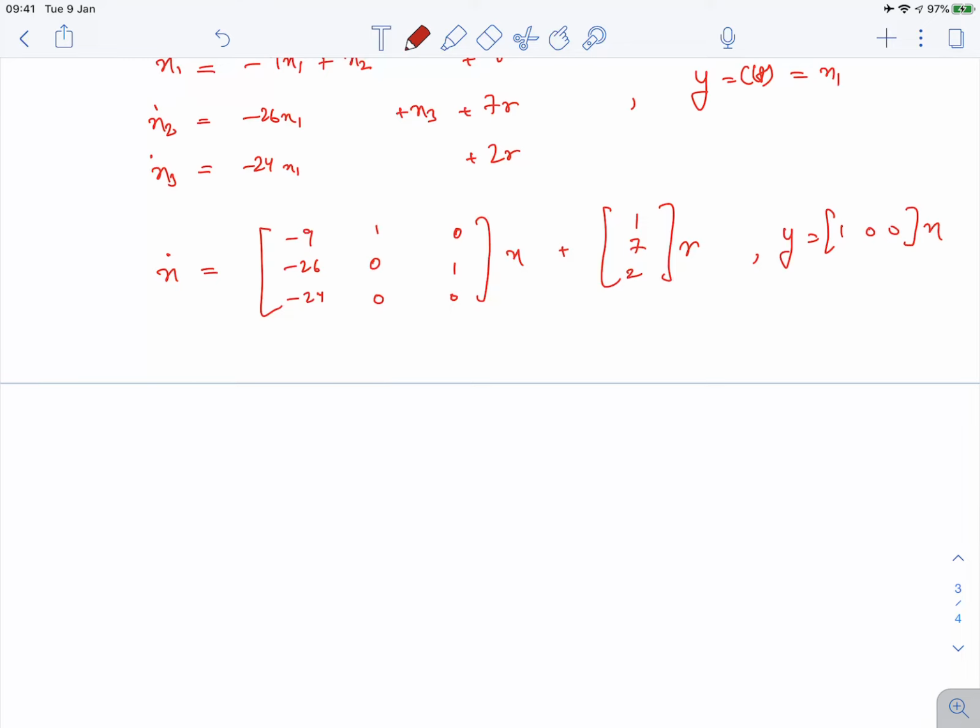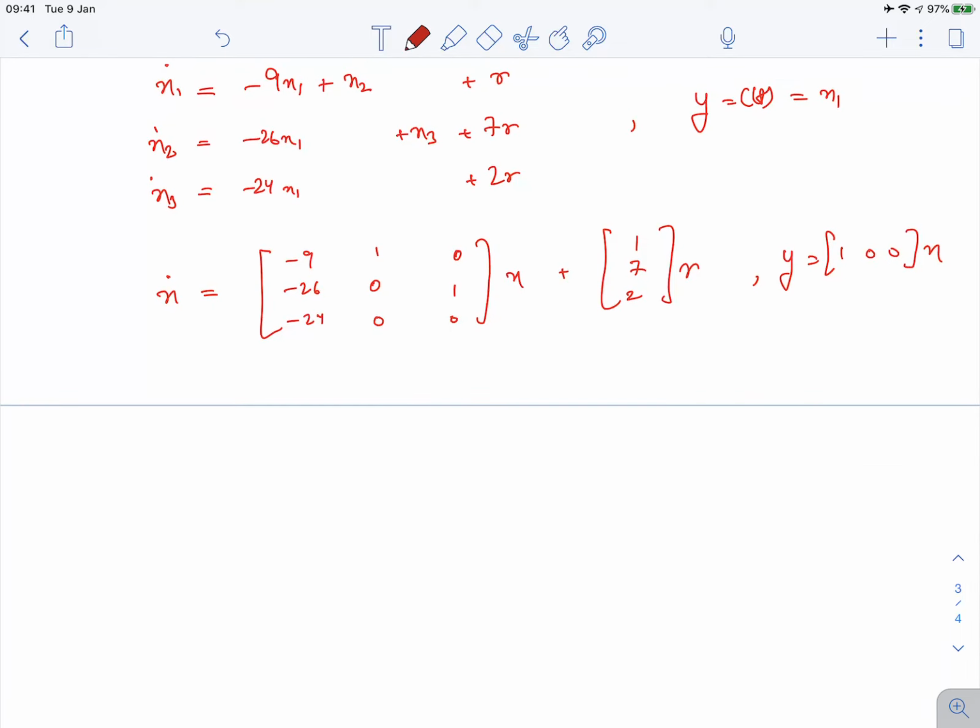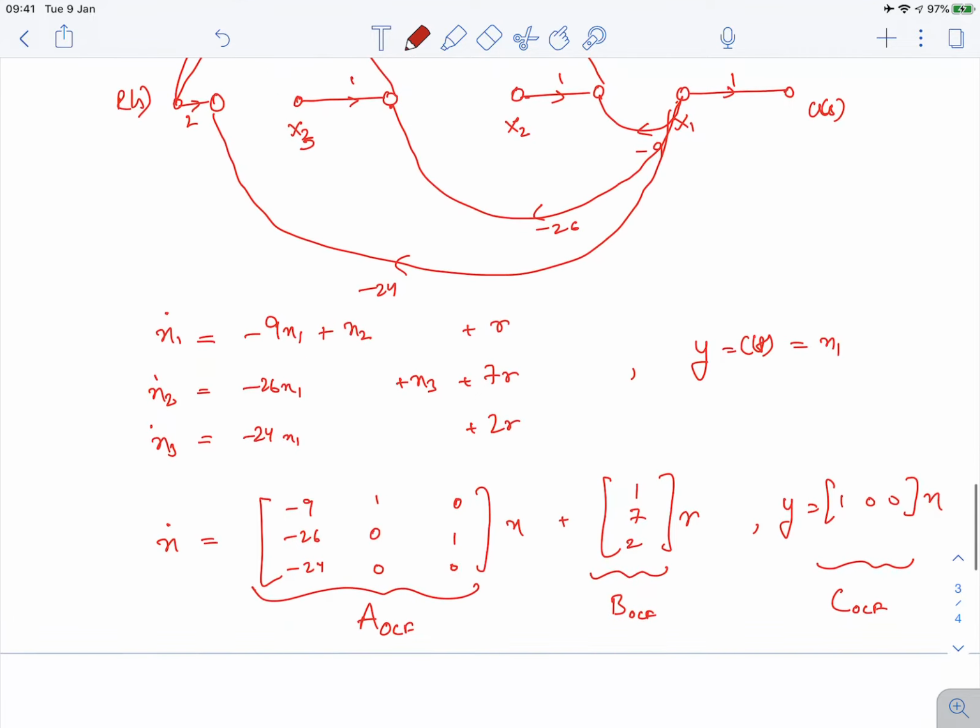Now particularly for this controller canonical form and observer canonical form, they both are duals in the sense that, if you let's denote this A matrix as A of observer canonical form, or AOCF, and this is BOCF, and this as COCF, for the observer canonical form.